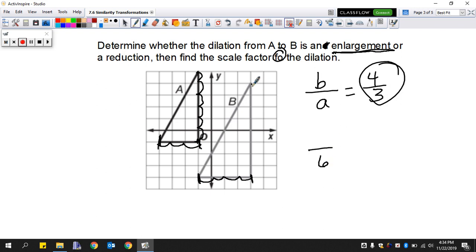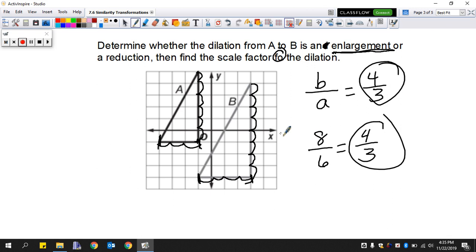B is 1, 2, 3, 4, 5, 6, 7, 8. 8 over 6 reduces down to 4 over 3 if we simplify it. We would expect it to be exactly the same, because the ratio is going to be the same.